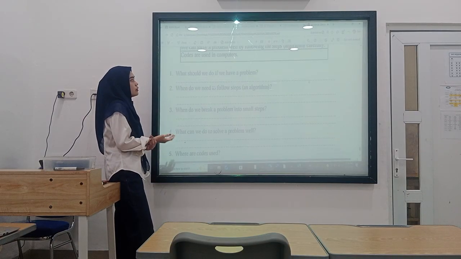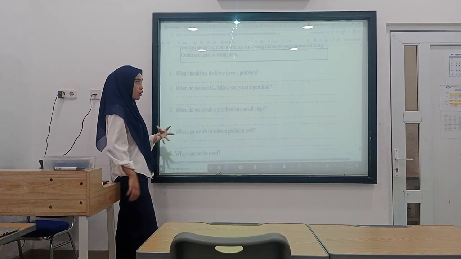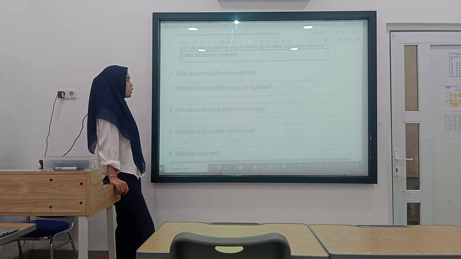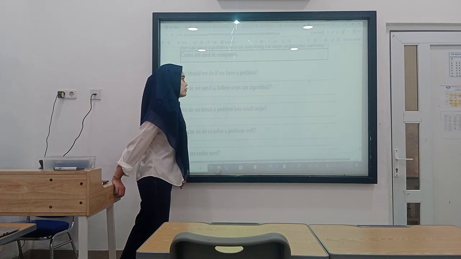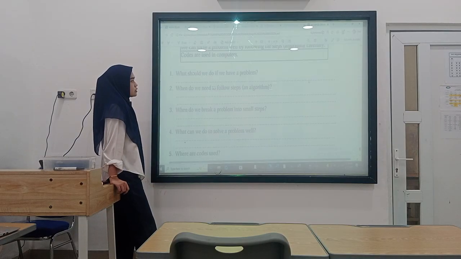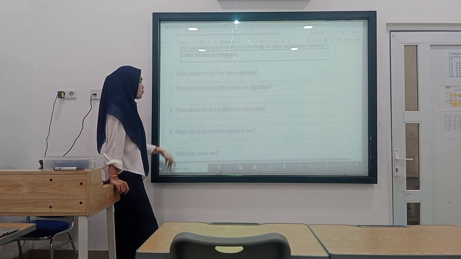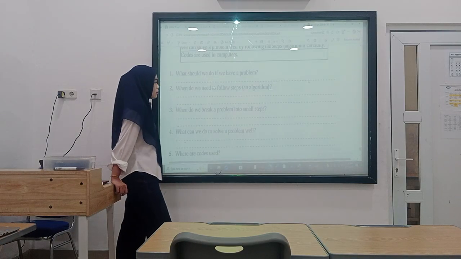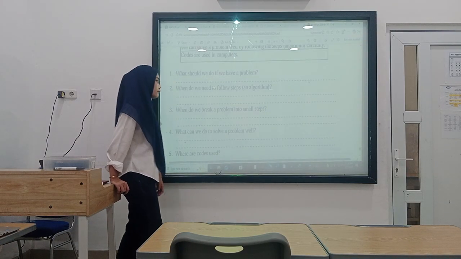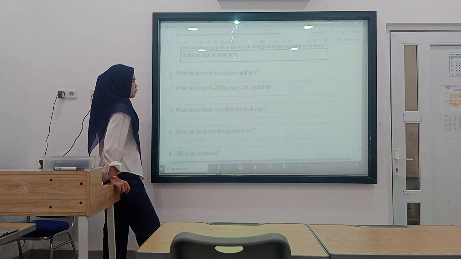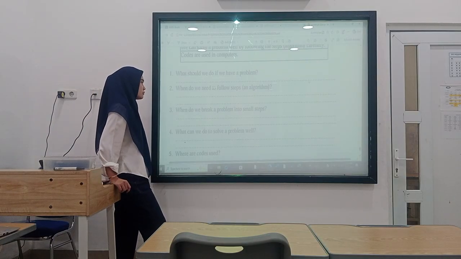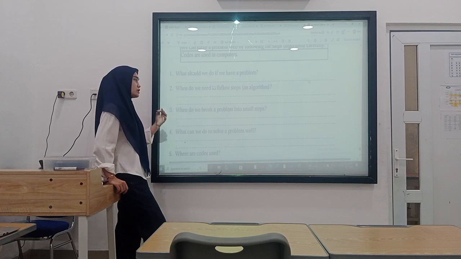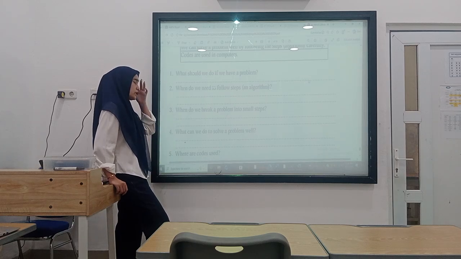The answer is we solve the problem with small steps. Number two: when do we need to follow steps or an algorithm? We need to follow the steps when we have a problem. Number three: when do we break a problem into small steps? We break a problem into small steps when we want to solve the problem, or when the problem is big or hard, so it's easier to solve it.